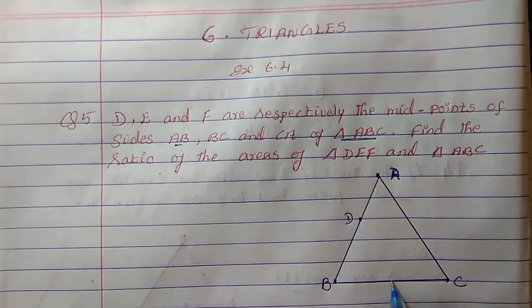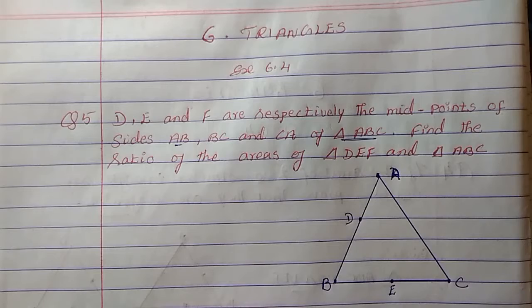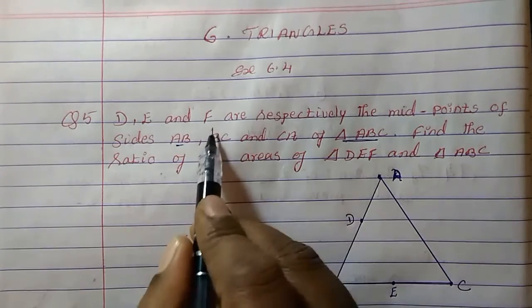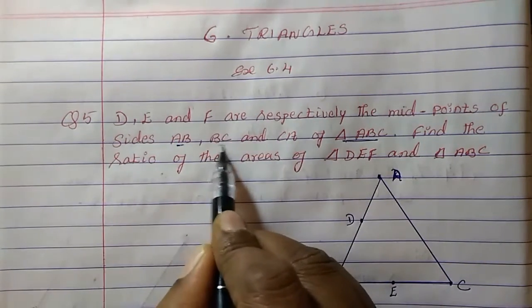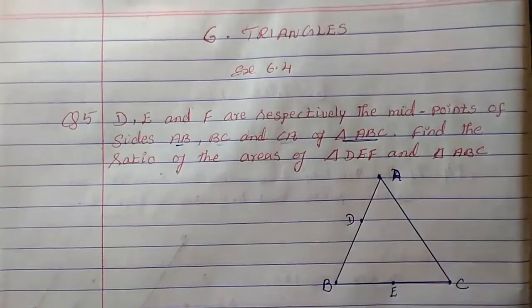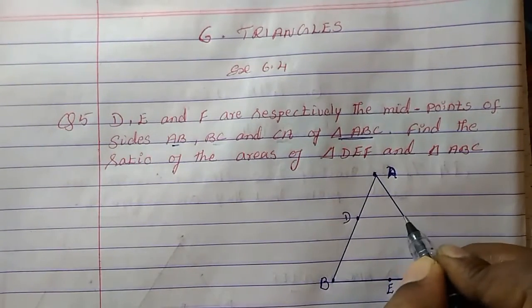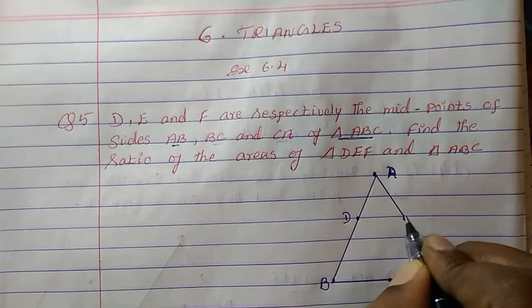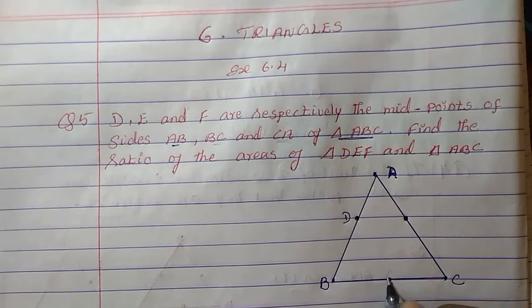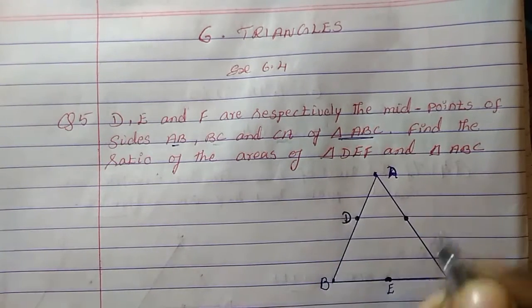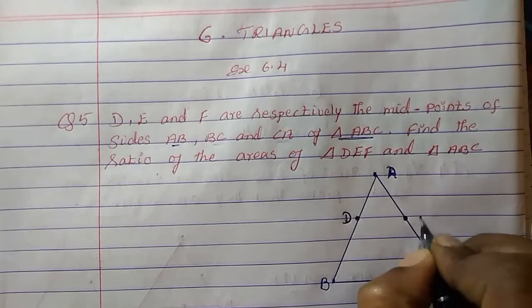So BC is here, so here E. And then F. F is the midpoint for CA, third side. So D, E and F.